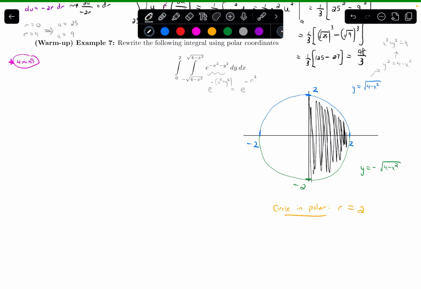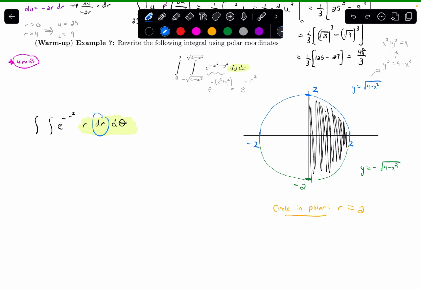So, okay, let's convert our double integral. I know that my function simplified to e to the negative r squared. We've already seen that the dy dx, another way to write that is dA. Well, in polar, that becomes r dr d theta. And then I need these limits of integration.